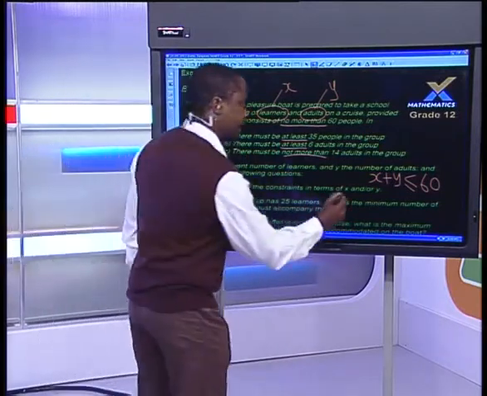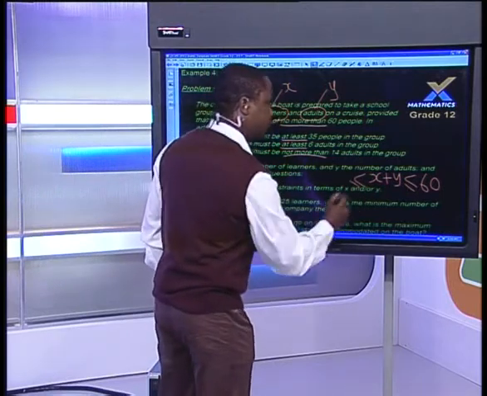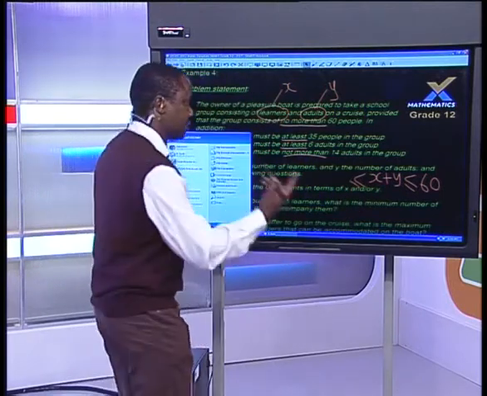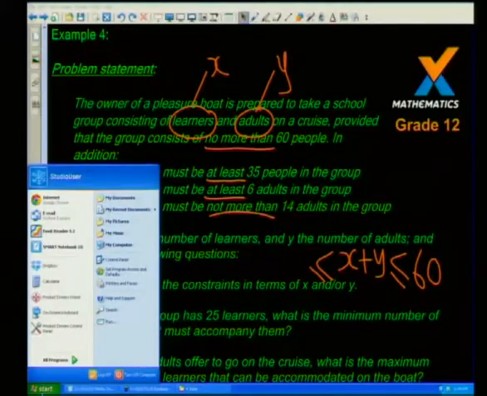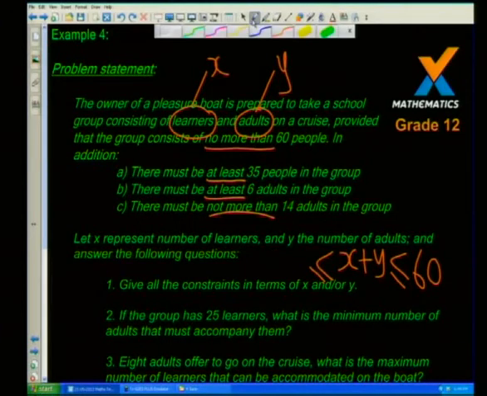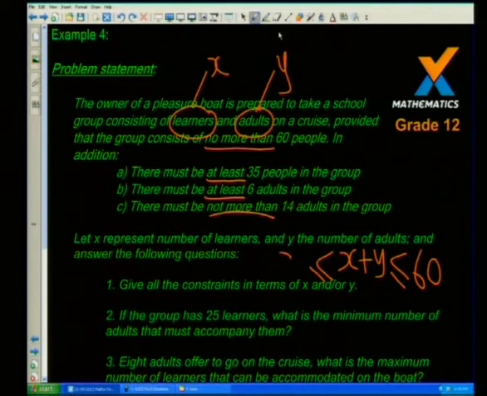So for this guy to be able to do business, he's going to require that at any given time, he's got more than 35 people. Otherwise, he's not going to do a trip. All right. What else do we have? We are supposed to give all the constraints here. That is the first constraint.